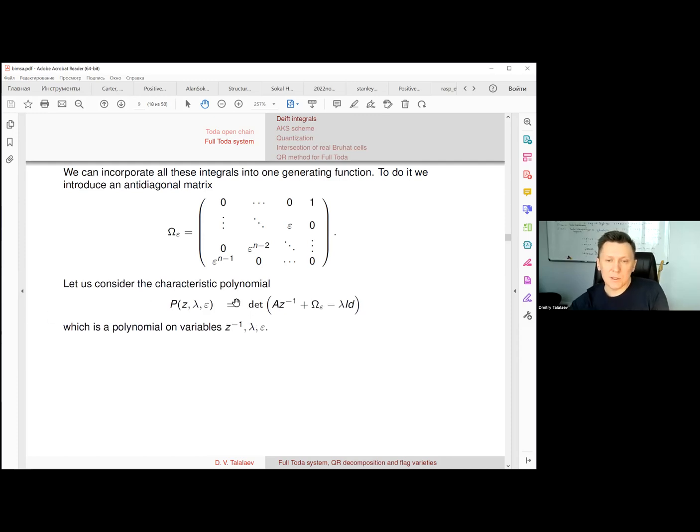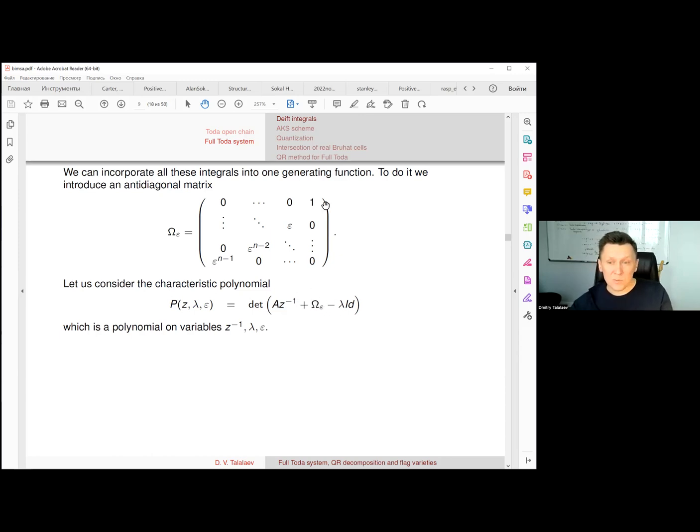And we consider a characteristic polynomial of such a matrix. So it is a rational function on z. The residue of this function is a matrix A, which is the generating matrix of functions on our Poisson manifold.